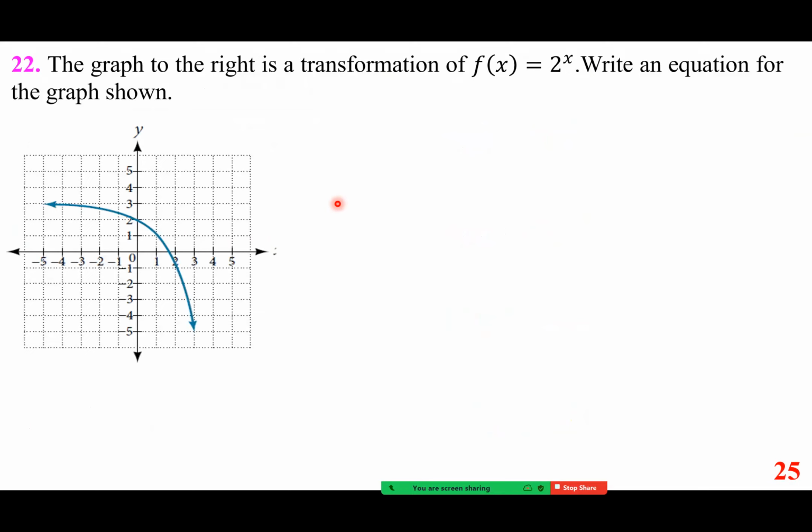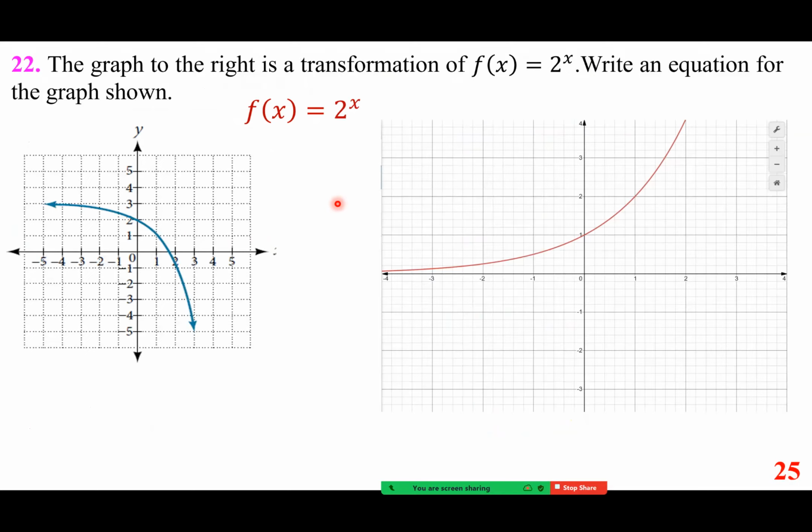So we have f of x or y equals 2 to the power of x, the general basic function, an exponential growth. We notice this is going up, and in essence, this is going down.